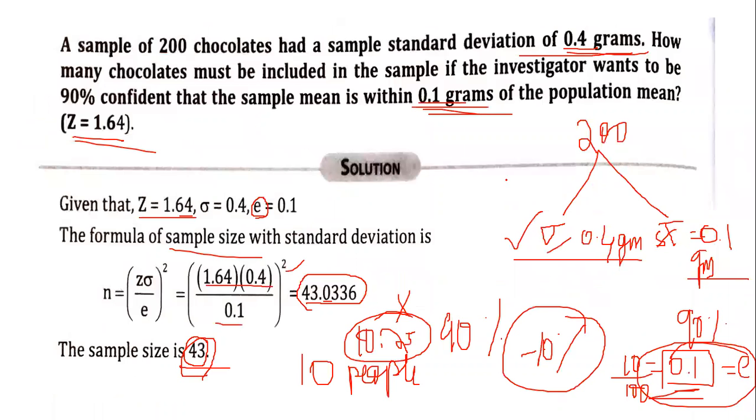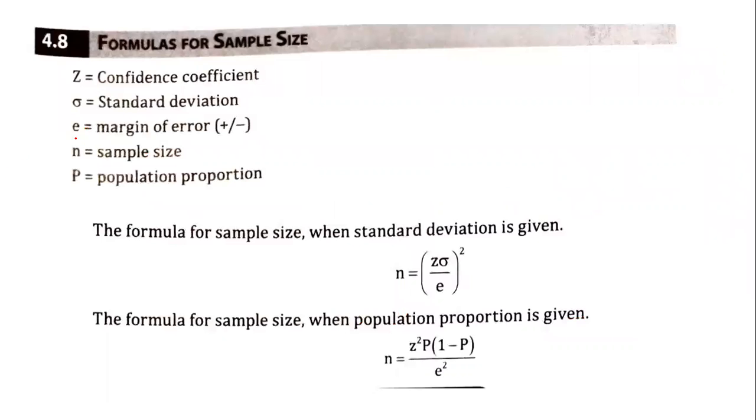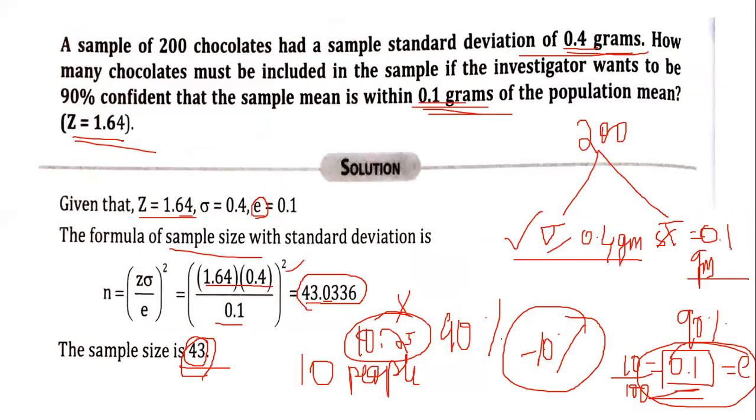So if you go back to the formula here, it says E is the margin of error. How much plus or minus can the sample mean be? That is what we are trying to find out. In these problems you would have taken or you can even consider these values.